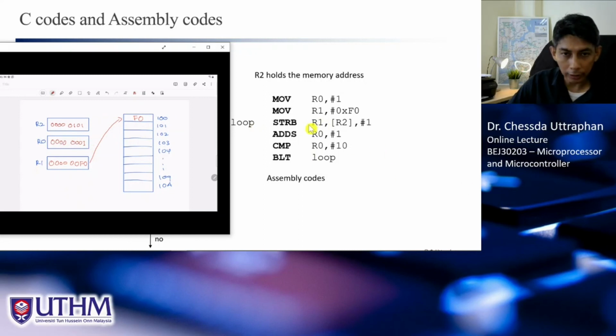We send what is in R1 to the location pointed by R2. Our R2 is 101, which is this, and now we send this value to the second location, 101. So we have F0. And again, this is post index, so we update this value to 102, plus 1.